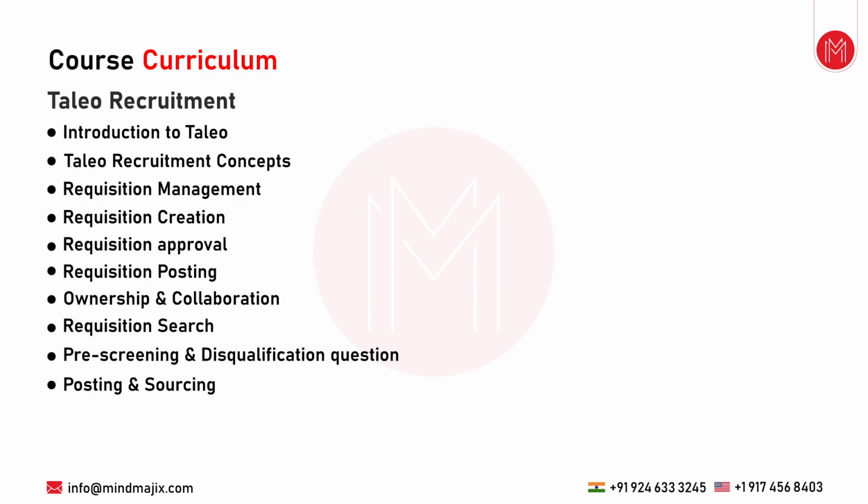Based on the reason, the hiring manager leaves comments and it routes back to the recruiter. Now it's the recruiter's turn again to modify or correct the requisition and resend it for approval.